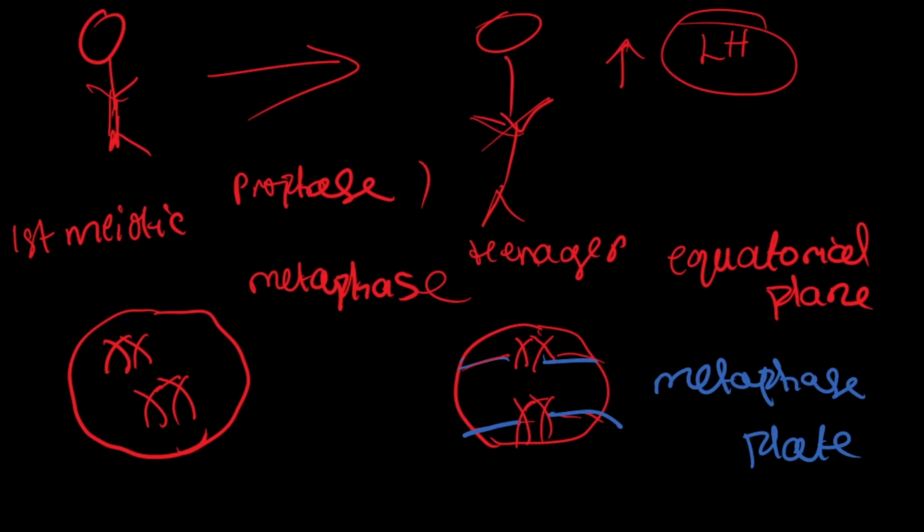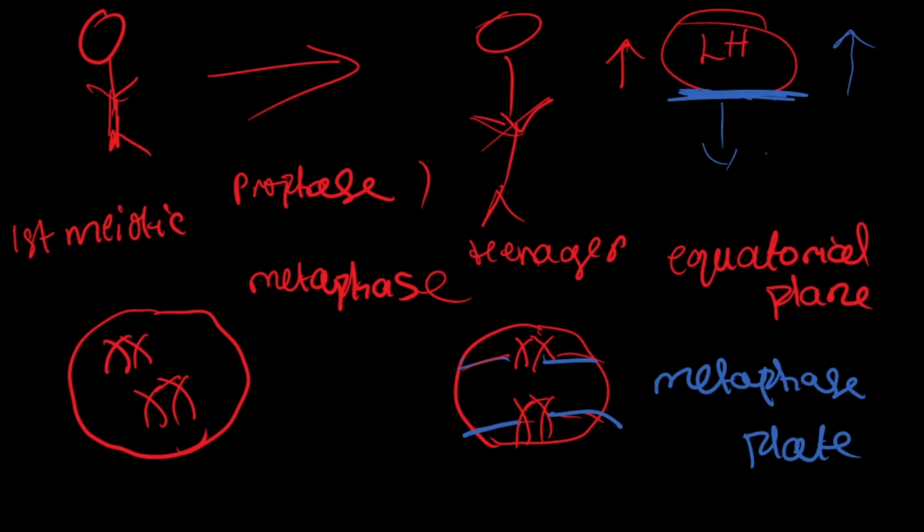Only about 400 actually develop into secondary oocytes and are ovulated. Now what we are looking at is how this primary oocyte develops during puberty, in the pre-ovulatory phase before menarche.